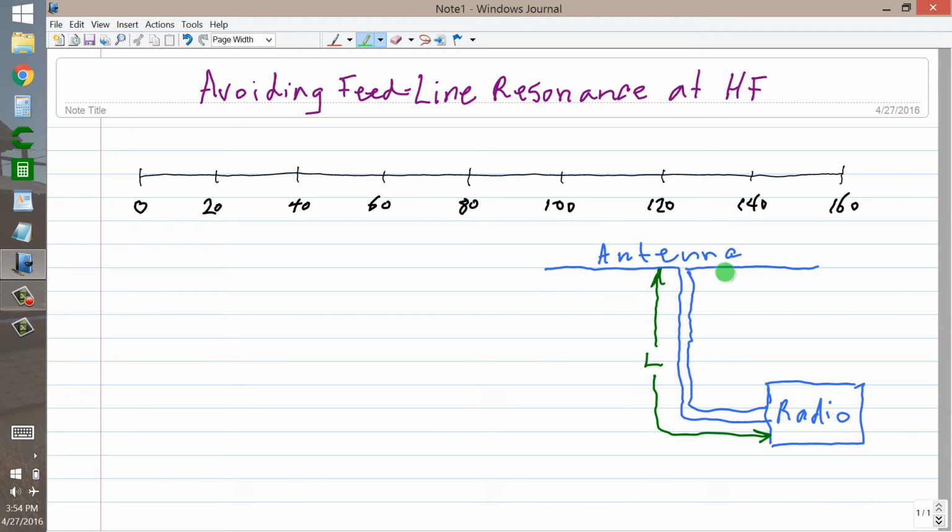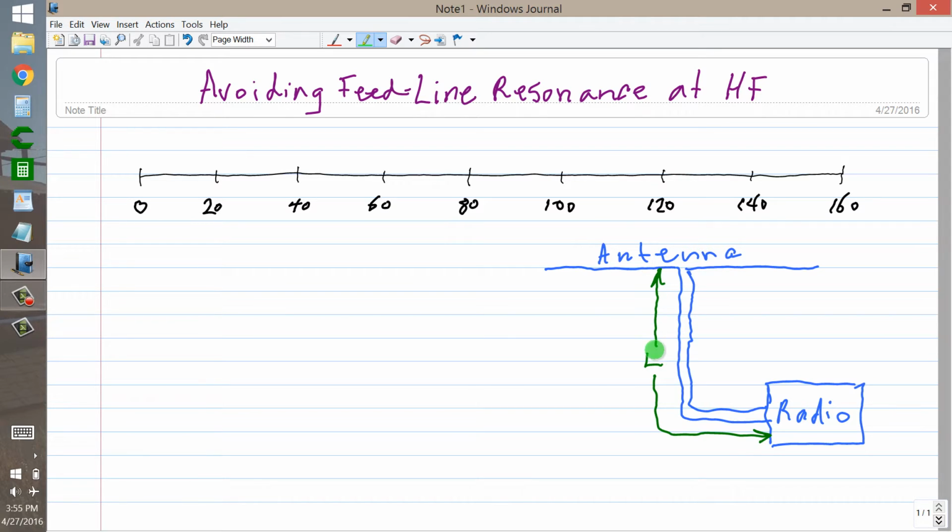Here's an example of an antenna. It could be any kind of antenna, vertical, ground plane, Yagi, any kind of antenna, and here's your feed line. It could again be any kind of feed line, parallel wire, coaxial. Single wire occasionally in certain Windom antennas.